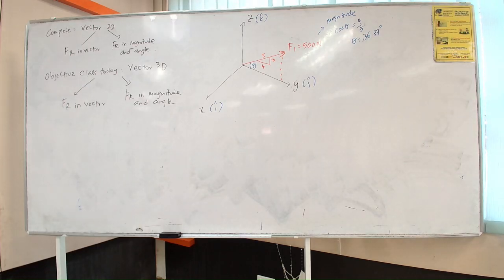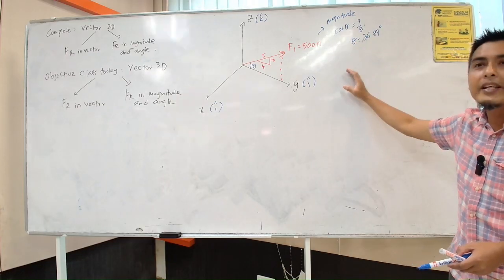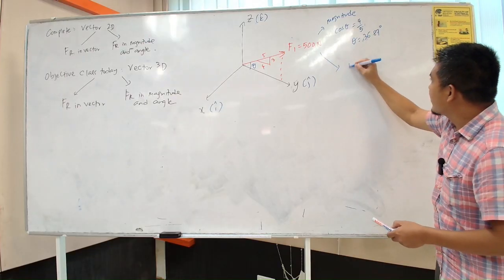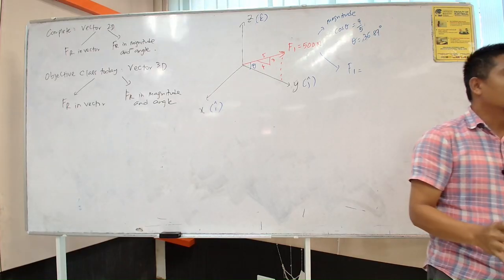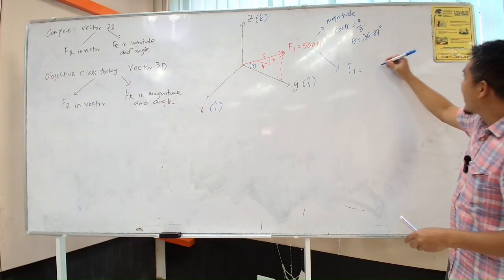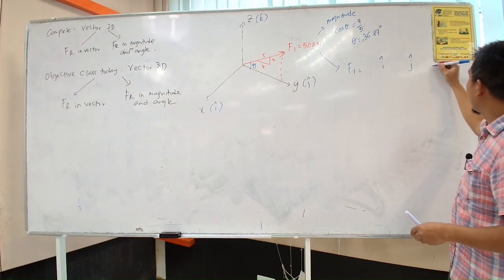Previously, I explained to you, you can convert the force either in vector form or in magnitude and angle. So, what do you think I want to do now? I want to convert this force in magnitude and angle to a vector form. So, the F1 here, I can separate in which direction? How many directions? 3 directions: in I direction, in J direction, and K direction.